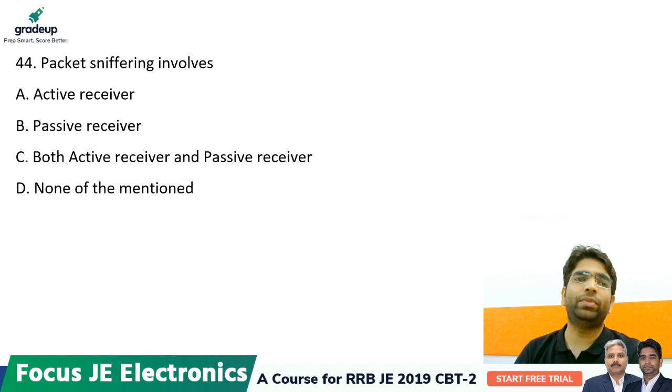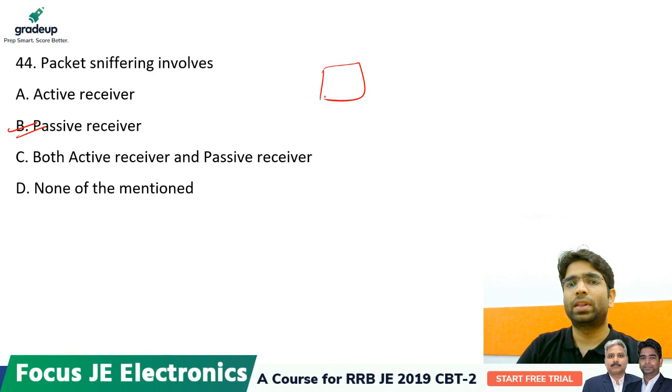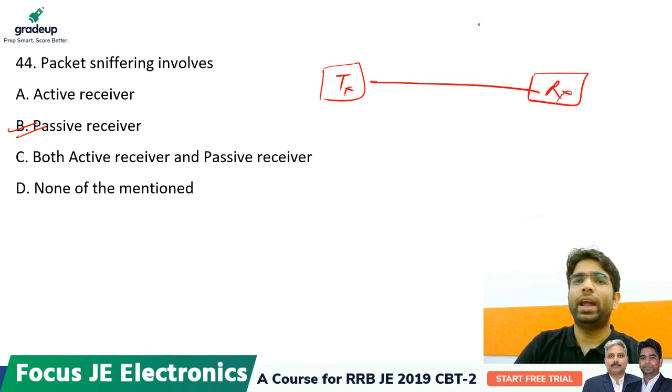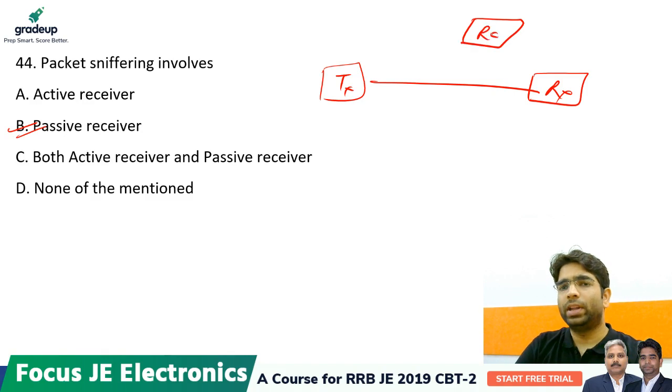Packet sniffing involves a passive receiver. My dear friends, suppose here there is a transmitter, here there is a receiver, and here there is an intruder. The intruder is a passive receiver.